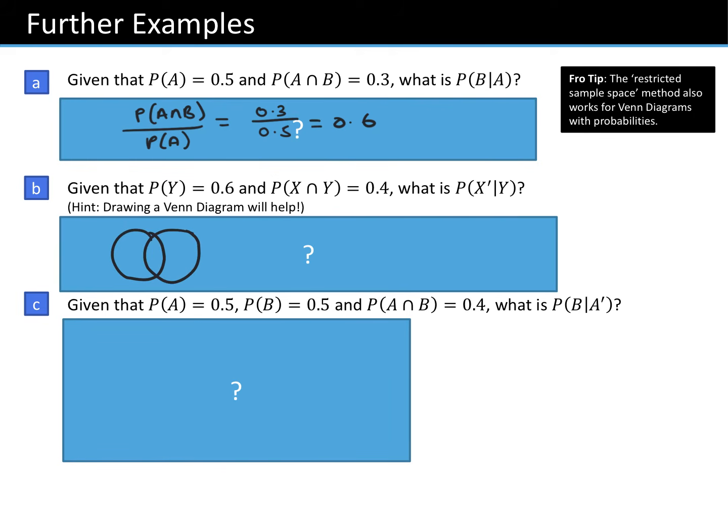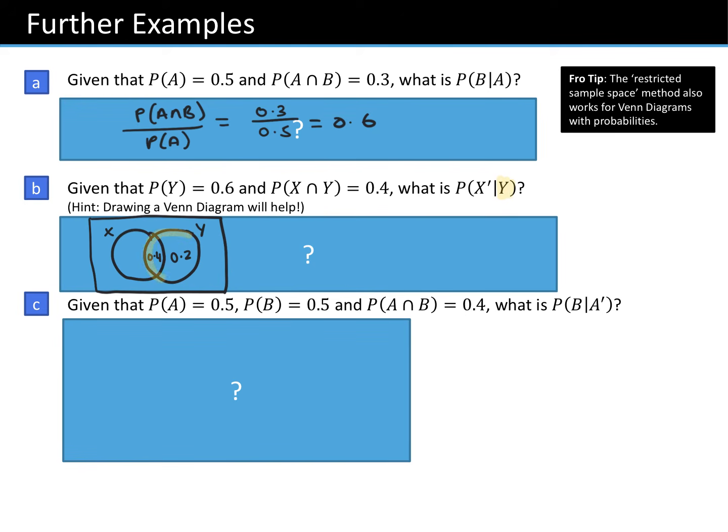So you can draw your X and Y. You know that intersection is 0.4. You know that Y is 0.6, so this is 0.2. Okay? So the probability of not X given Y. I always start this side.